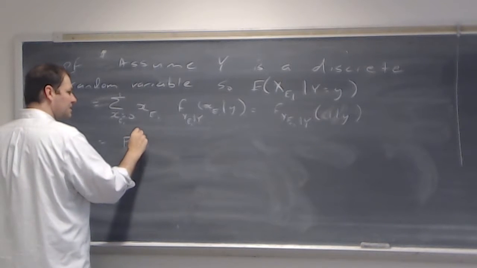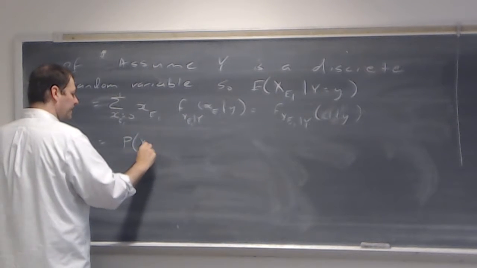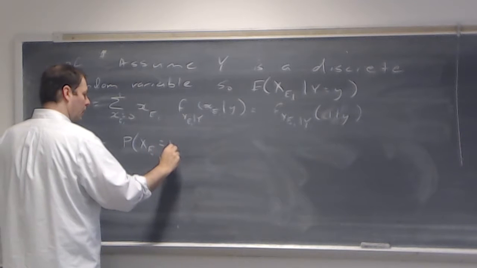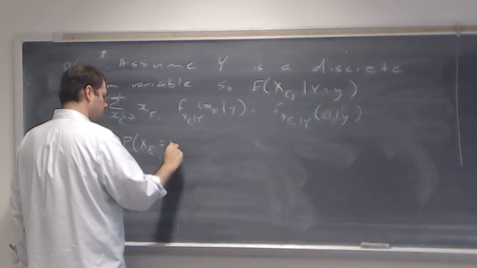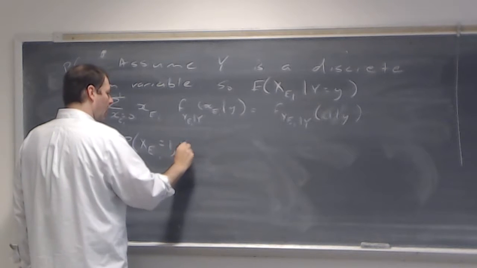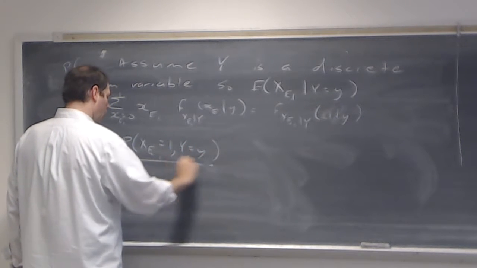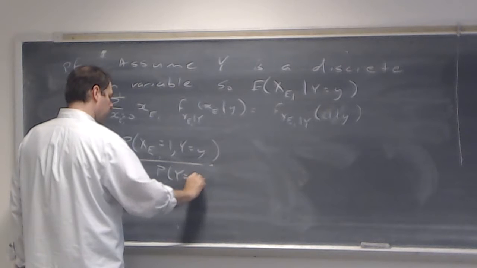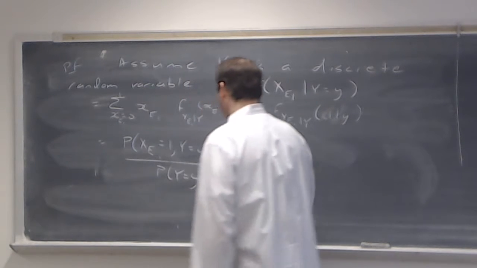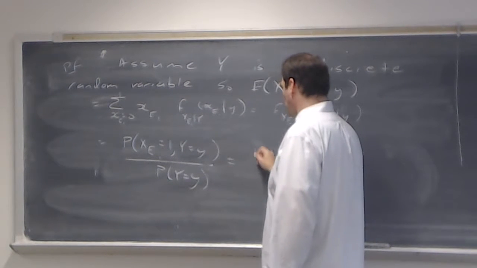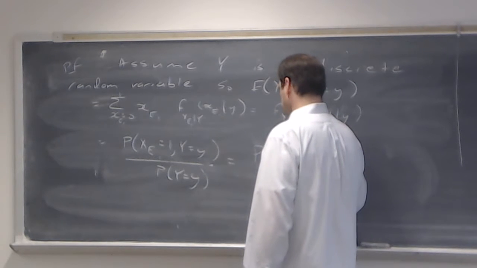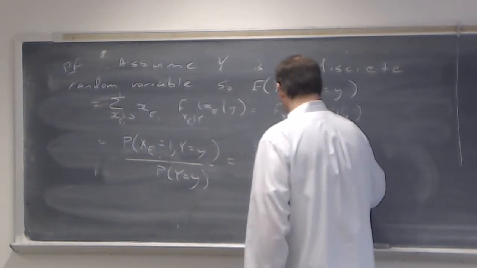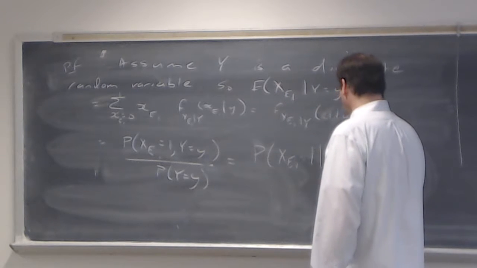And what that is, don't forget, is the probability that X of E sub 1 equals 1 and Y equals y, over the probability that Y equals y. But that's nothing more, in terms of events, than the probability that X of E sub 1 equals 1 given Y equals y.